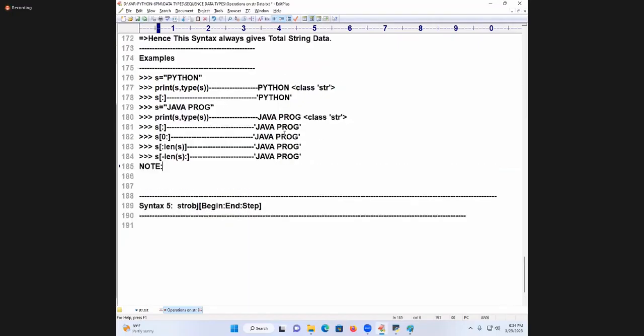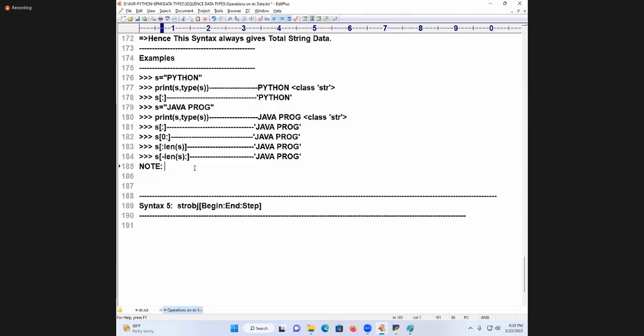Did you observe in which direction this data is printed? Letter by letter is coming or not? Letter by letter means 0, 1, 2, 3 like that, and -6, -5, -4 like that. What is the step there? 1. One or two days back I mentioned the step. What is the step? 1.